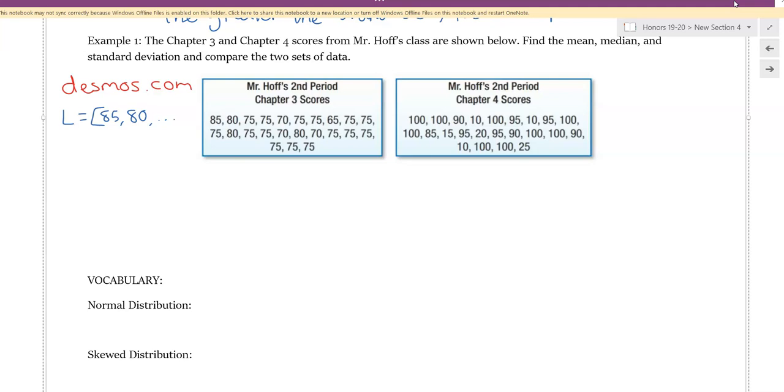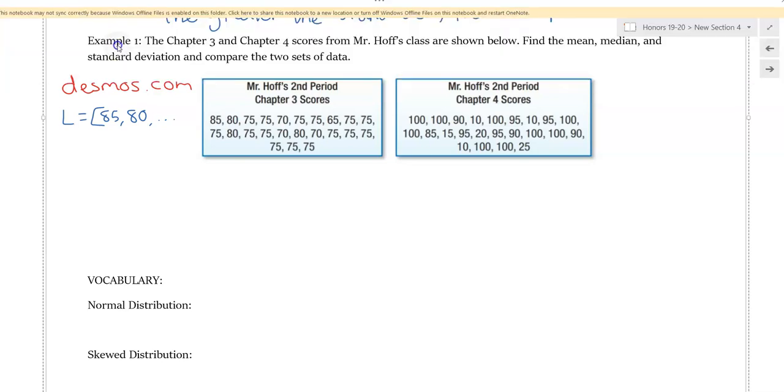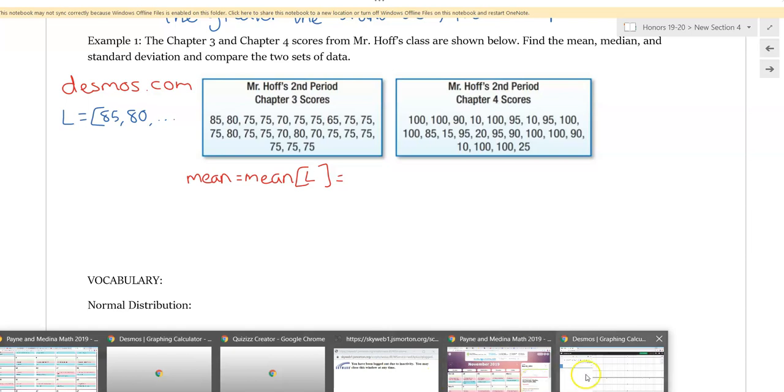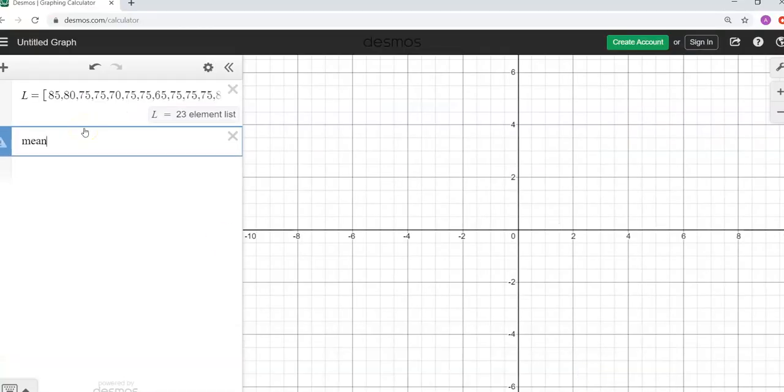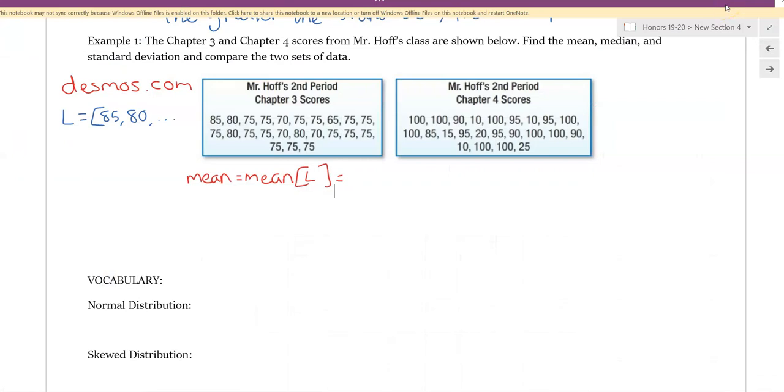So now we want to find our mean, and median and standard deviation. For mean, you literally type in mean of L. Okay. And it will tell us, oh, our mean is 75. That's nice.